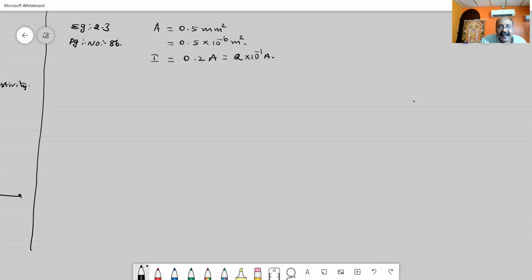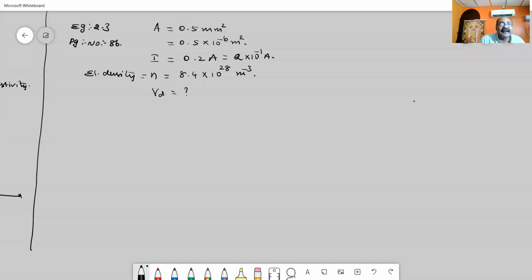The electron density is the number of electrons per unit volume, small n, given as 8.4 into 10 to the power of 28 per meter cube. Then compute the drift velocity.